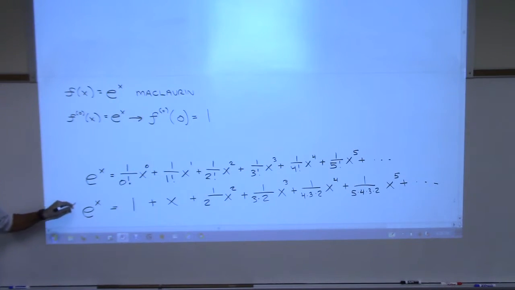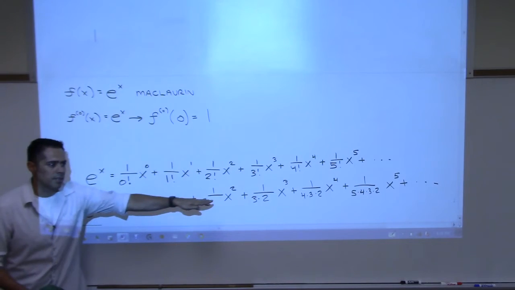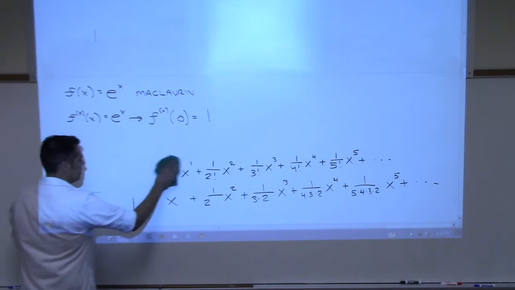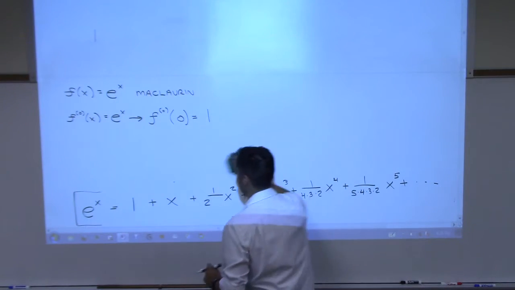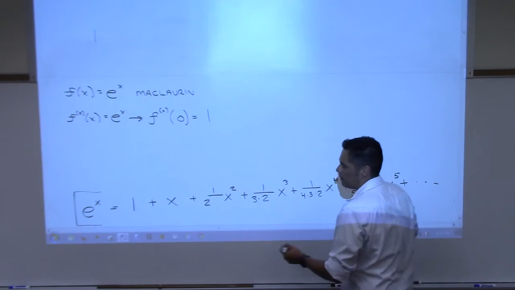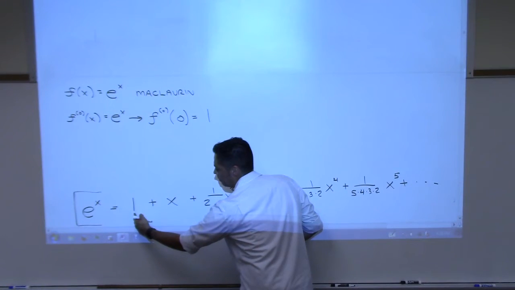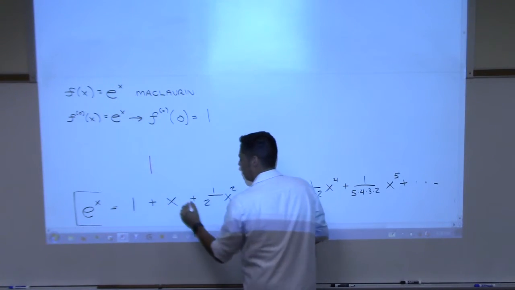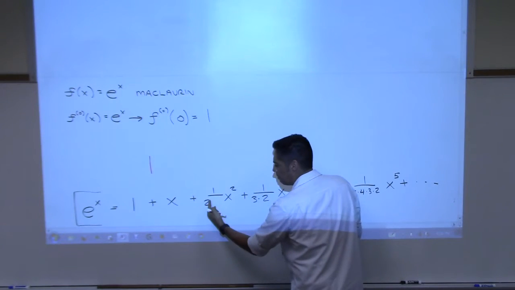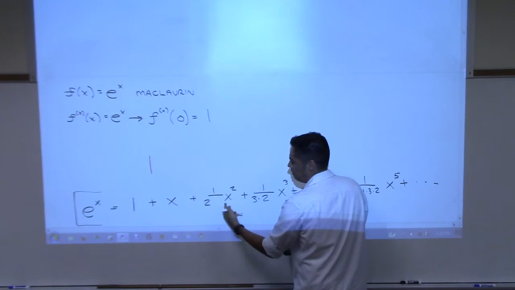If we take the derivative of this, what should we get? Itself, right? Take the derivative of that power series right now. Let's see what happens. What's the derivative of 1? Zero. Derivative of x is 1. Plus 2 comes out, half of 2 is 1, times x.